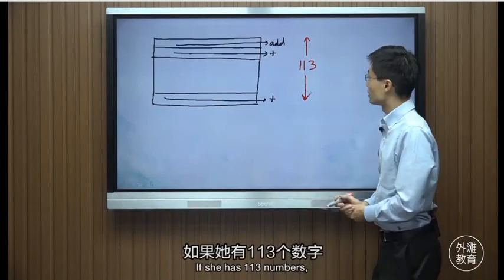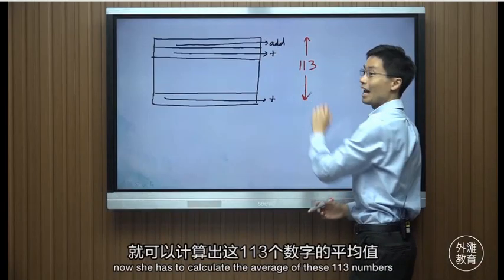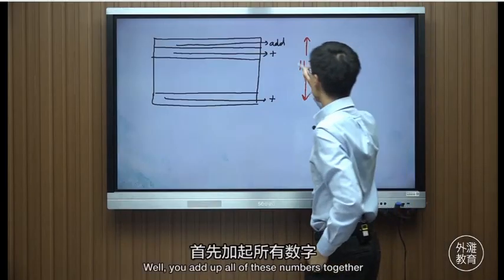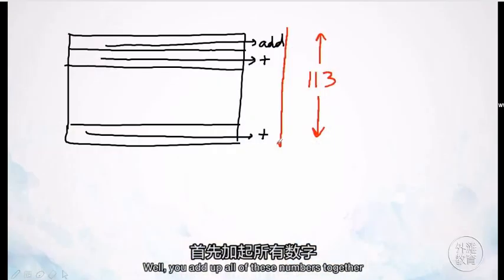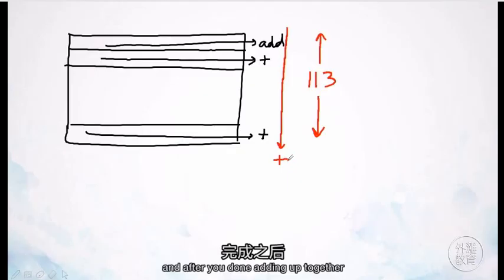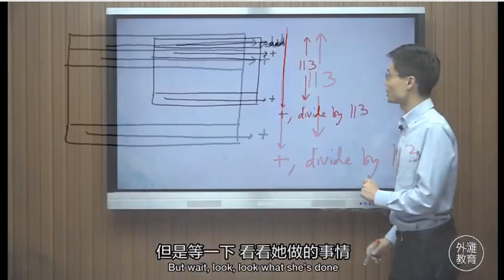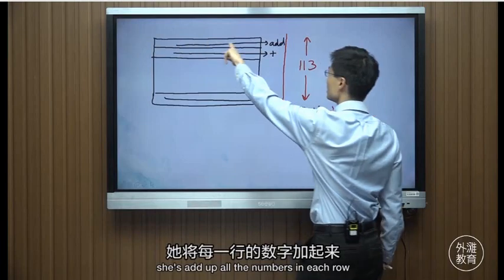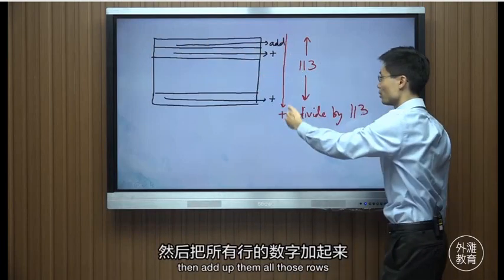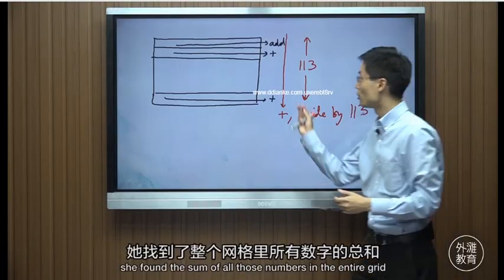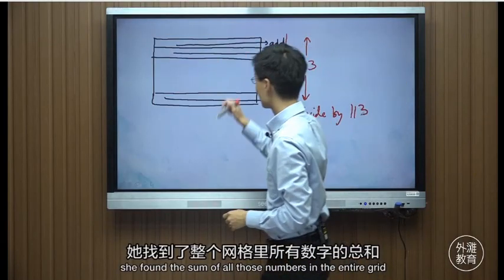Now she has to calculate the average of these 113 numbers. How do you do that? Well, you add all of these numbers together, and after you're done adding, you divide by 113. But wait, look what she's done. She's added up all the numbers in each row and then added up all of those rows. Actually, all she's done is find the sum of all of the numbers in the entire grid.